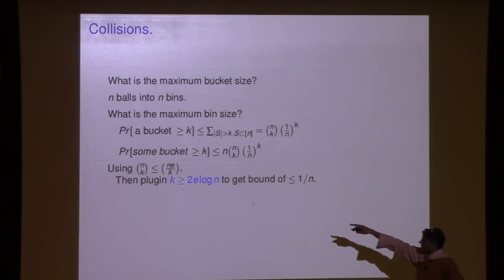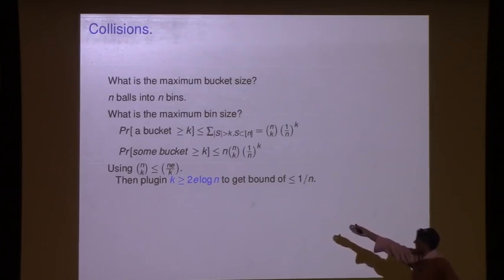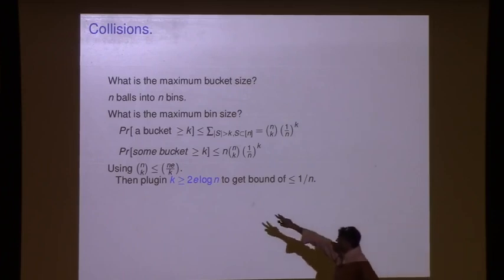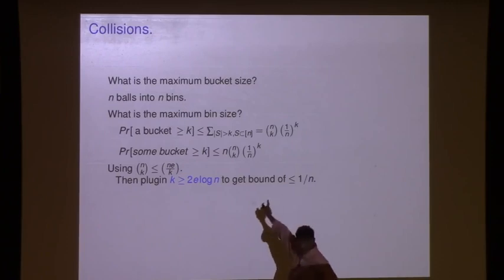So then you just start plugging in values and trying to make this small. If you use that approximation, and use some value of k which is greater than 2 times e log n, then you get a bound of less than 1 over n. So what this says is, if you plug in this 2e log n, the probability that some bucket is greater than 2e log n is less than 1 over n.